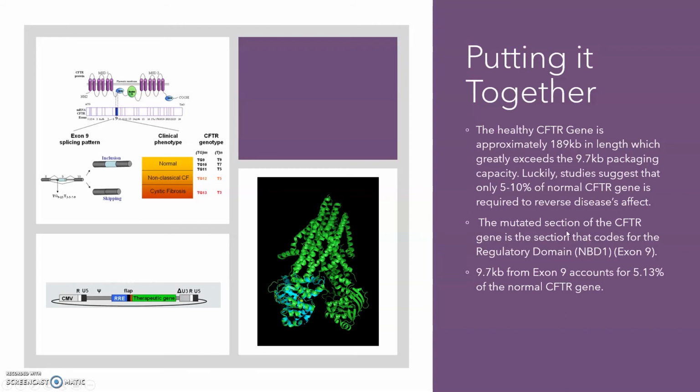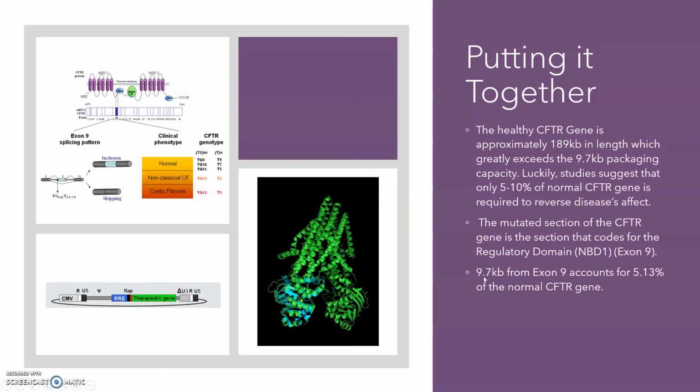So the mutated CFTR gene is in the section that codes for the regulatory domain, which is called NBD1 and is located on exon 9. So this region is the region we want to take that 5 to 10% because this region codes for this region, which is the problem.